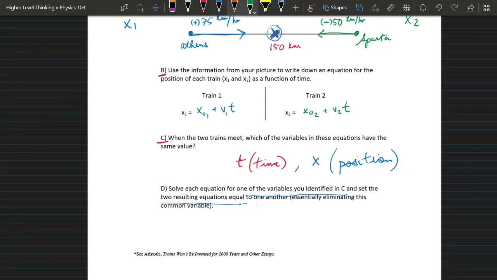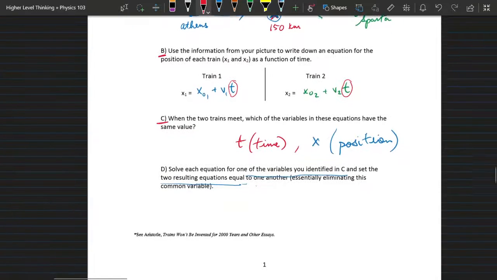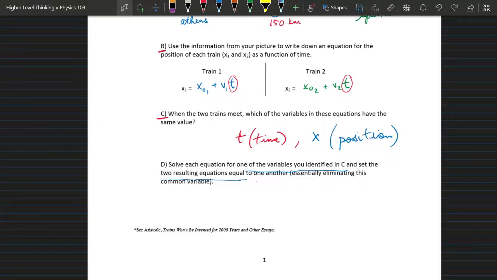That essentially means, well, we know, for example, that time is equal in both of these instances, and we know at some point position will be equal in both of these instances. So what if we set x1, or the final position of the train, equal to x2?